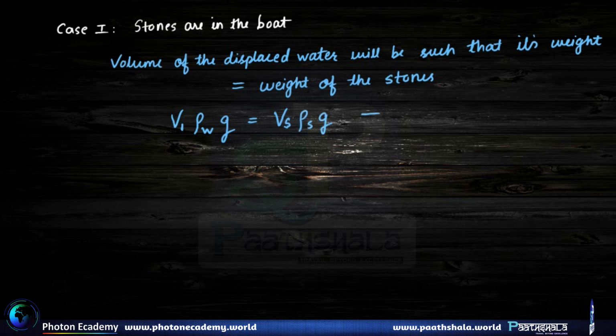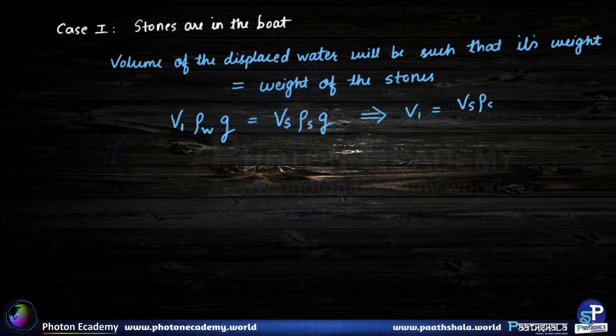So in case 1, the volume of water displaced is going to be equal to Vs rho S upon rho W. Now naturally the density of the stones is much greater than the density of water. So the volume V1 is going to be much greater than the volume of the stones Vs.